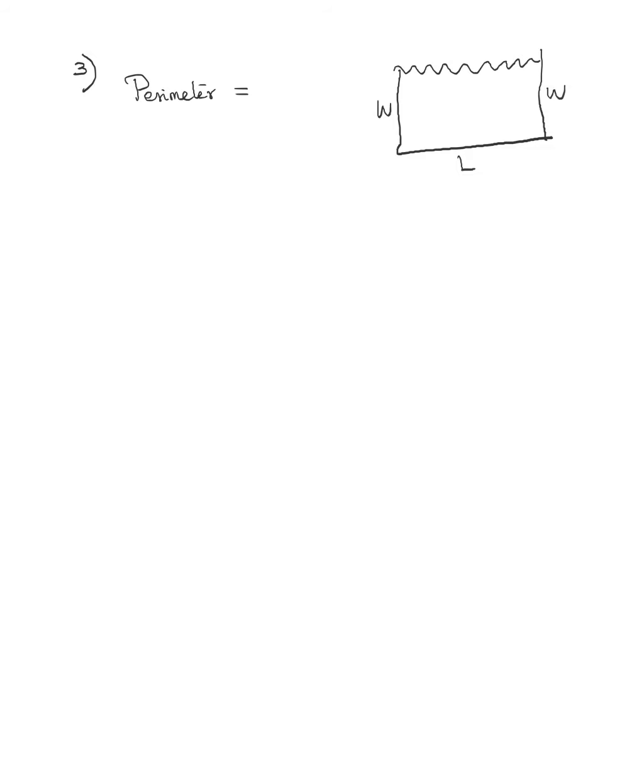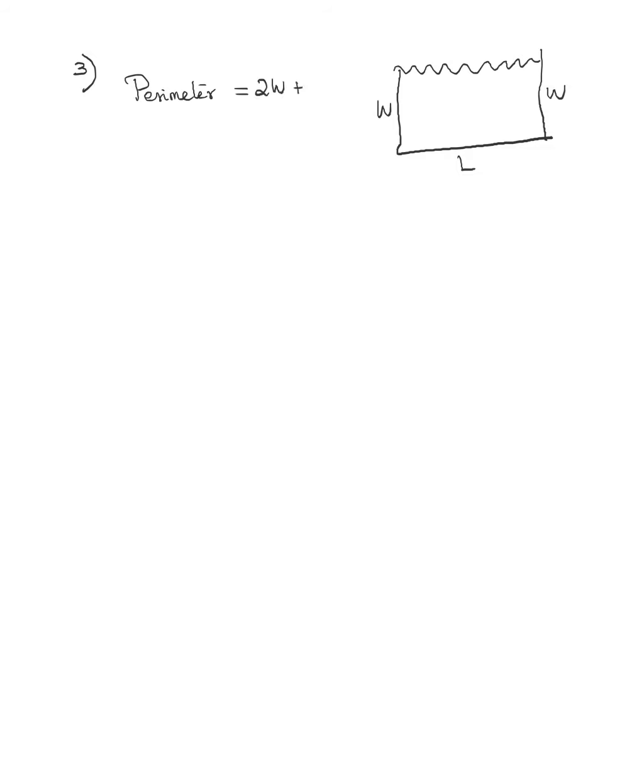The formula is 2w plus 2l, but we are going to consider only one side of the length. And the perimeter is given as 2000. So it's going to be 2000 equals 2w plus l. Let's solve for l.